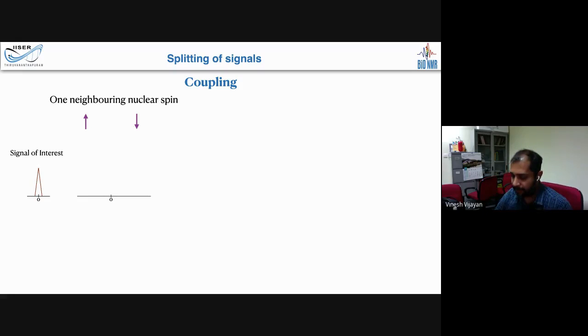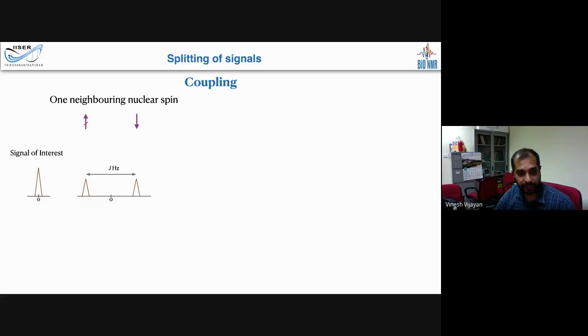Because of being up, you get a signal that is shifted. If there was no coupling, the signal would come exactly at the zero frequency. Because of this up state, it has been shifted to a higher frequency. If you have down, it is shifted in the negative direction. The difference between these two signals, this doublet, is J hertz.